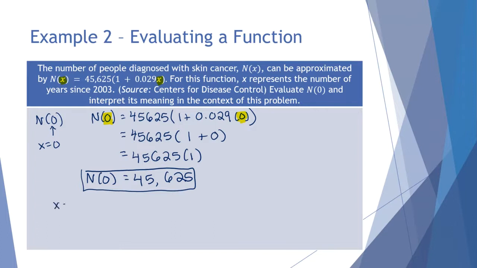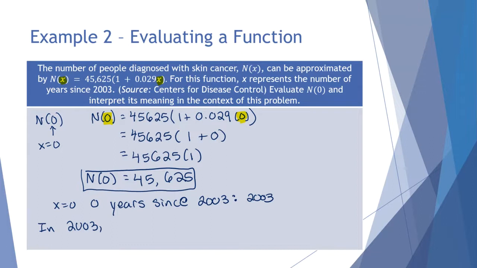So x equals 0 is 0 years since 2003. So that is basically in 2003. So I'm going to say in 2003, comma. So that's what we plugged in.